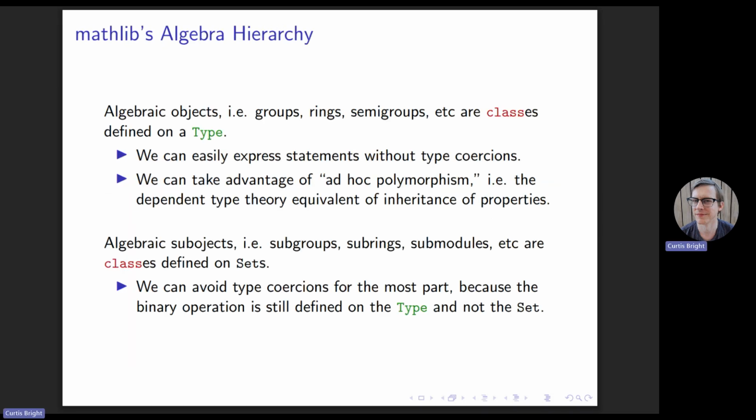Anytime we are working with subtypes, we're going to have to carry around this proposition, whatever it is, which can be a little bit unwieldy. So we want to avoid dealing with this type coercion by using the set construction. Instead of having it be part of the type, we have it be a separate proposition that we keep track of.